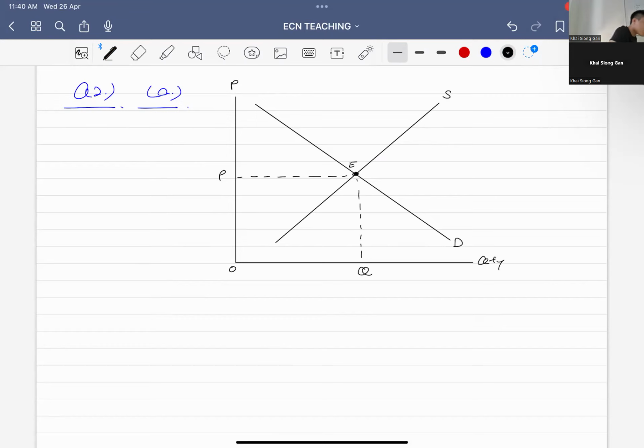So an increase in demand. First of all, I draw an increase in demand first. But the demand here is not increasing a lot because supply will be the one that changes a lot, right? So that means demand shifts rightwards from E to E1.